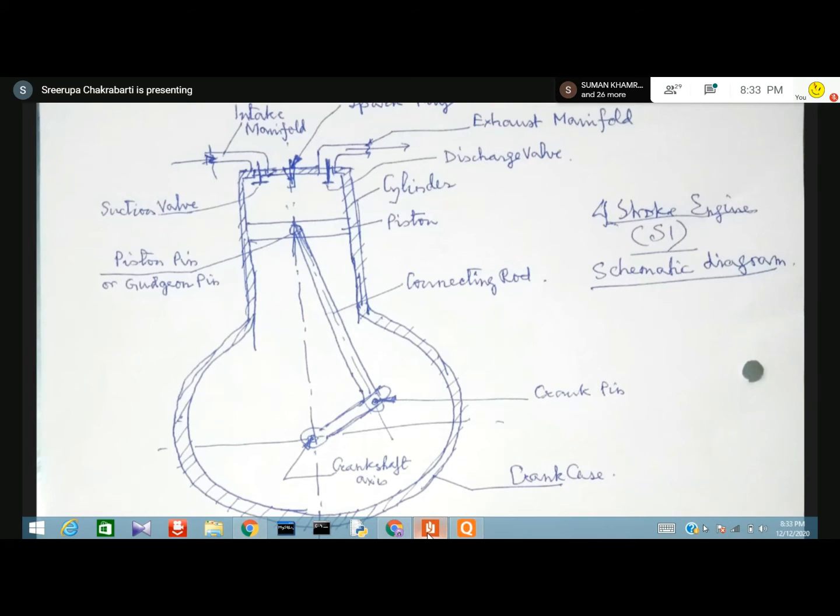IDC, instead of TDC. And the other dead center, on the other side, the open side of the cylinder, we call it outer dead center, ODC. For a horizontal engine, inner dead center, outer dead center. For a vertical engine, top dead center, bottom dead center.